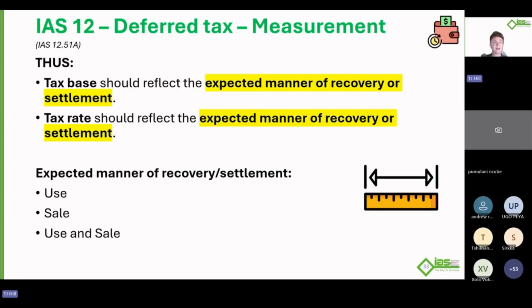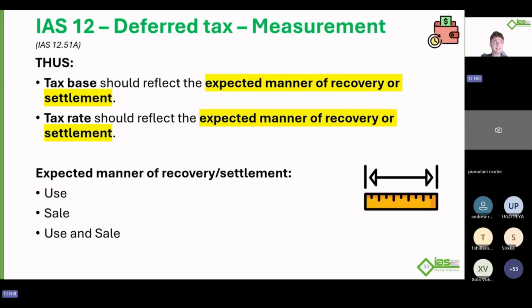Or is it going to be a little bit of both? The reason you need to think about these expected manners of recovery is because the tax consequences may differ. Therefore, you may have to consider what is my tax base based on my expected manner of recovery, and what is my tax rate?